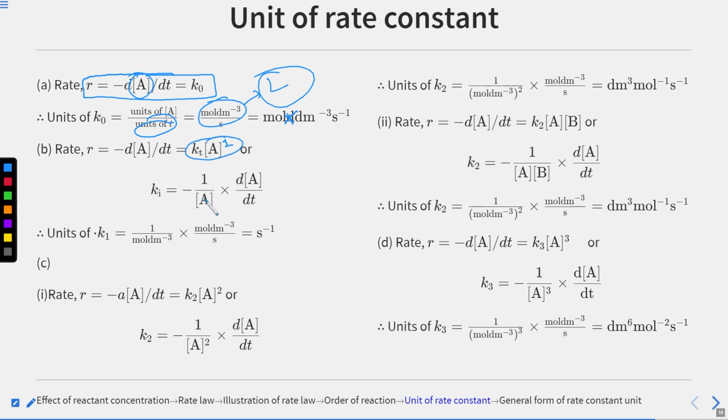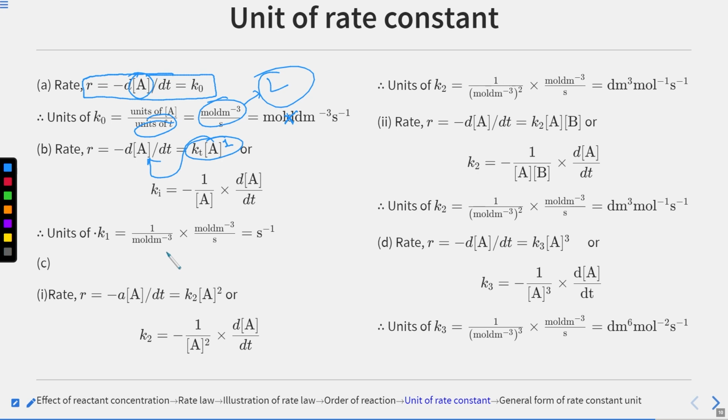Now what is this K1 equal to? It is equal to minus 1 by A multiplied by dA by dt, with a negative sign here. Now, what is this A representing? It is the concentration of A, that is mole per decimeter cube, divided by the unit of time.